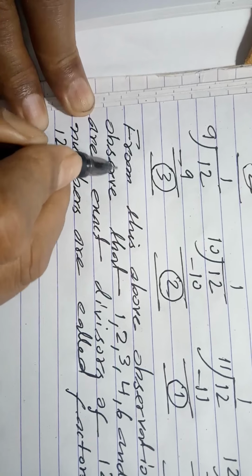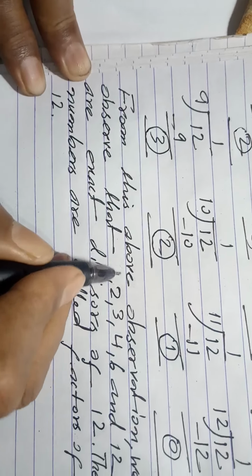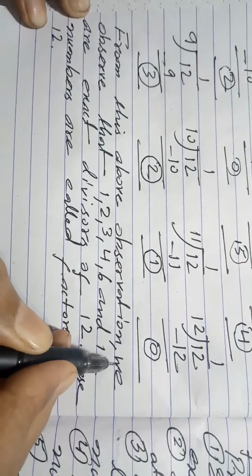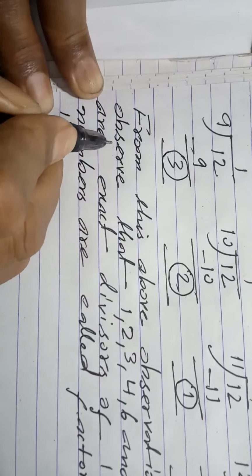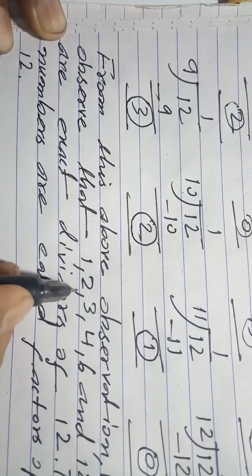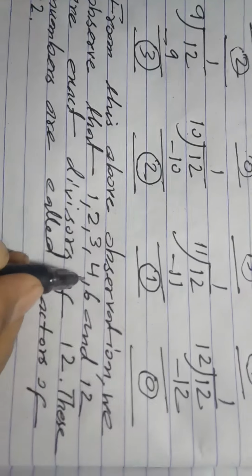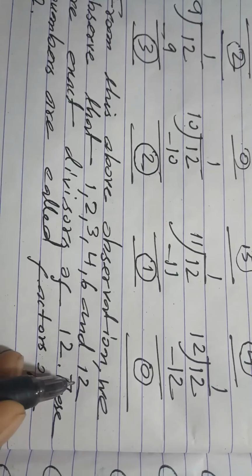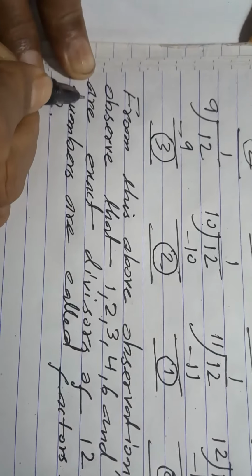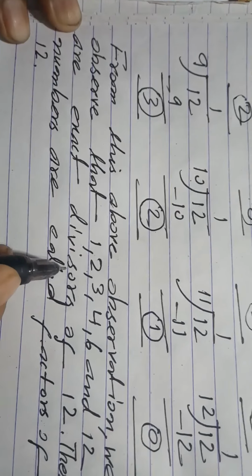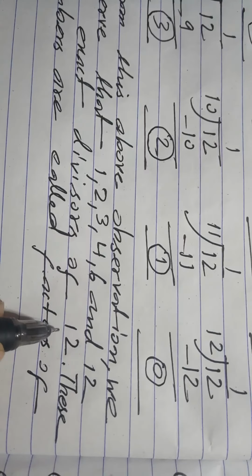From this observation, we see that 1, 2, 3, 4, 6 and 12 are exact divisors of 12.